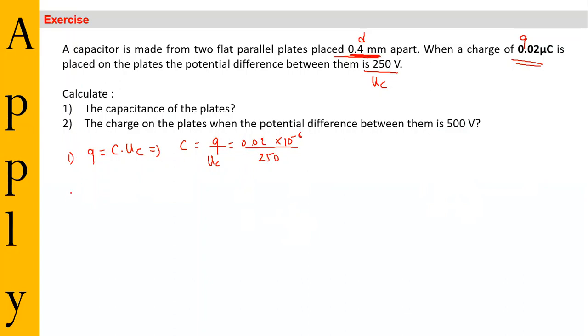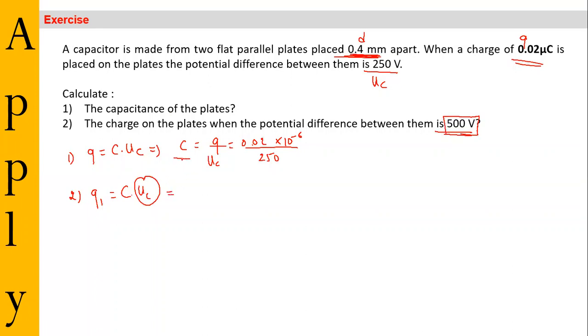Now, question number 2: the charge on the plates when the potential difference between them is 500 volts. So now all we did is change the voltage. We must pay attention that even if we change the voltage, the capacitance is a characteristic of the capacitor, so it's constant here. Then we will say that the new charge, Q_1, is equal to C times U_C. Now U_C will be equal to 500 volts.